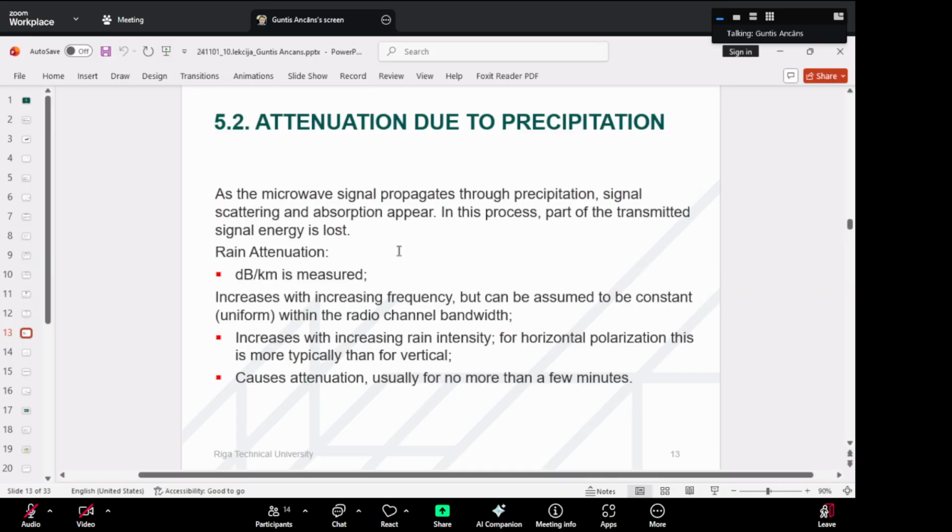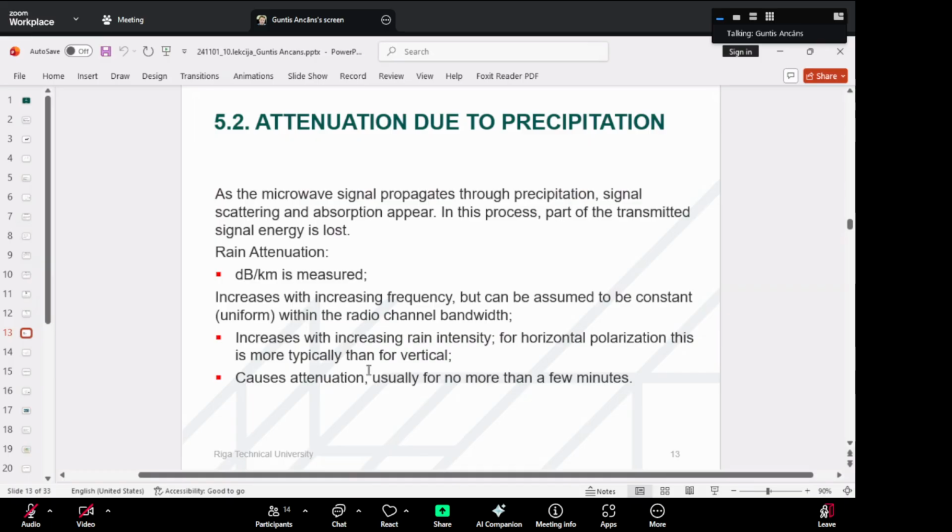The rain attenuation increases with increasing frequency, but can be assumed to be constant or uniform within the radio channel bandwidth.